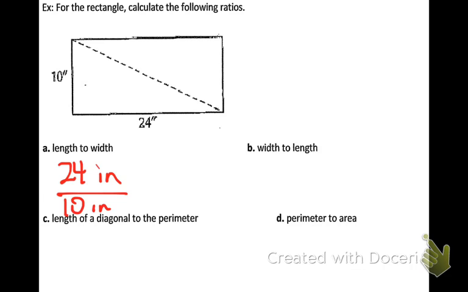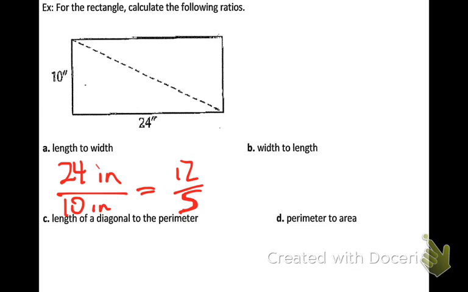But I've got to reduce it. You're not done until you reduce it. So 2 goes into both of those. It'd be 12 over 5. The units cancel, right? So we can drop the inches. We're just concerned about quantity to quantity. So it'd be 12 over 5.